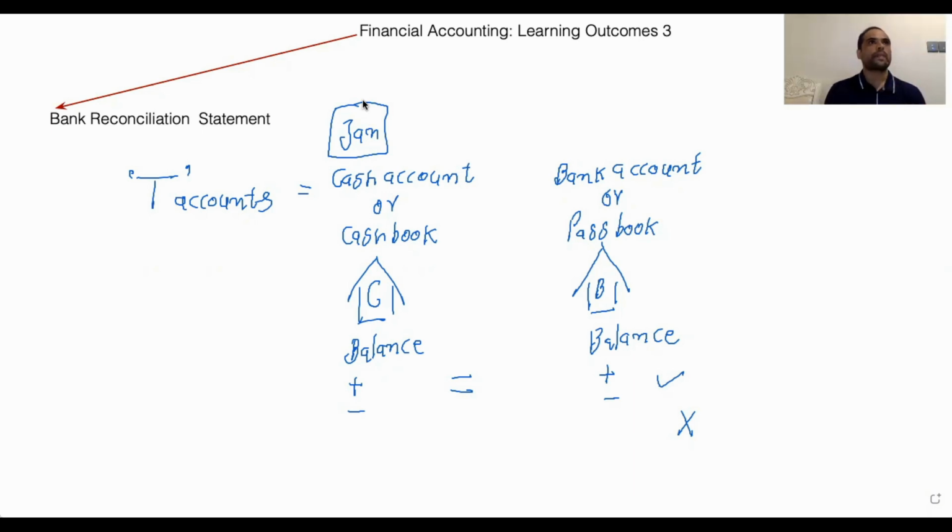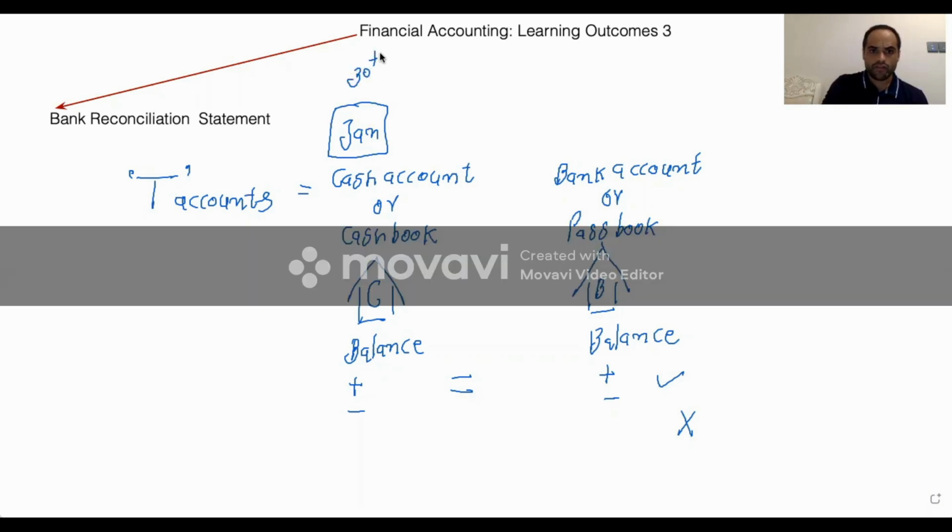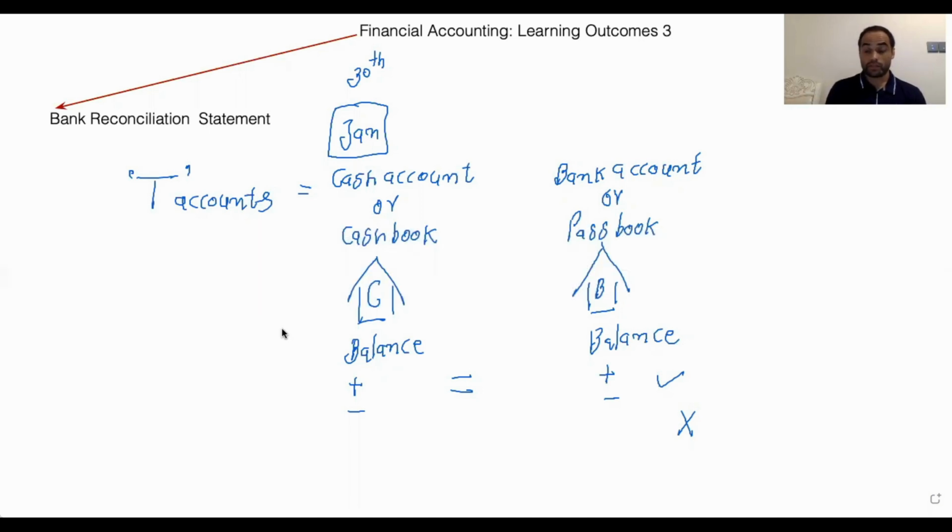For example, you receive money from a customer on 30th of January, and you deposit the money the same day in your bank account on 30th of January.